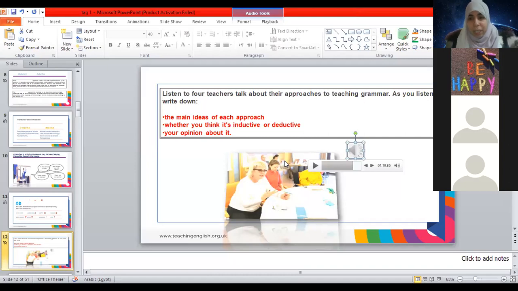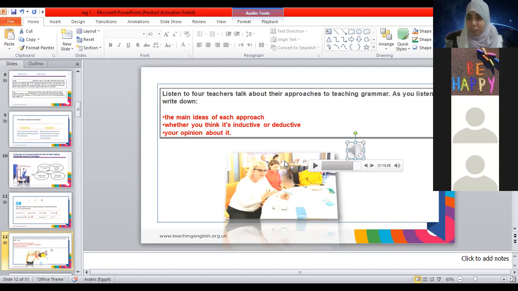Inductive. Sure, inductive way. While teaching my students grammar structures, I have to think about activities that help students to discover and work out the meaning, not in a direct way but in an implicit way, or implicit learning, to have that fun.